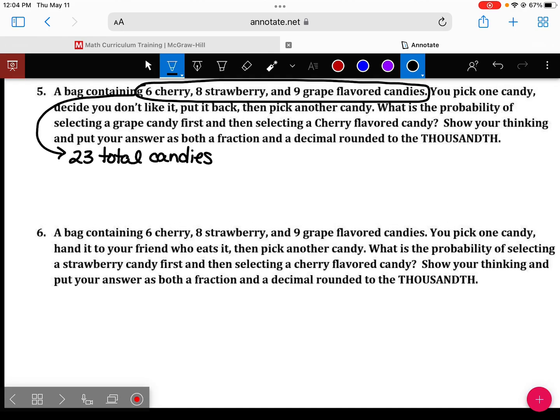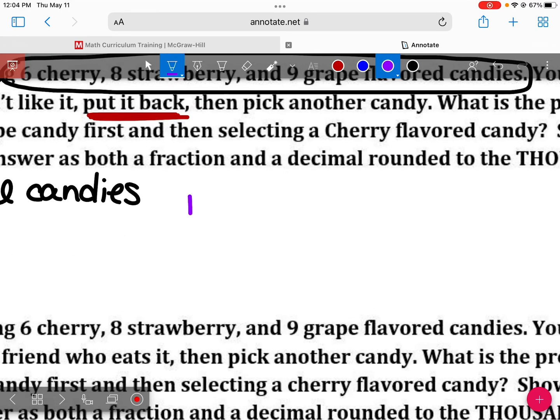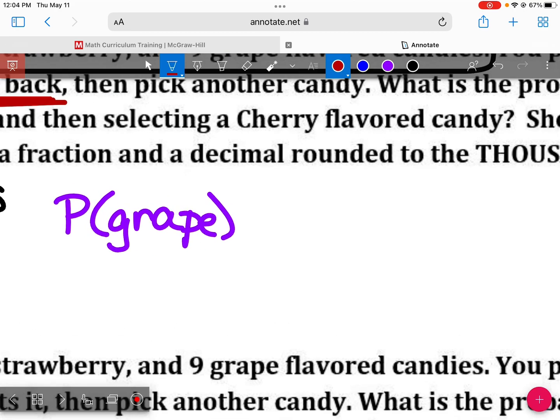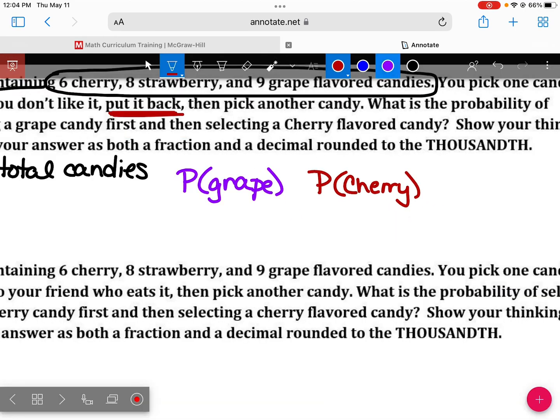You pick one candy, decide you don't like it, put it back, then pick another candy. What's the probability that you selected grape the first time and then you selected cherry the second time? What's the probability that we got grape? 9 out of 23.